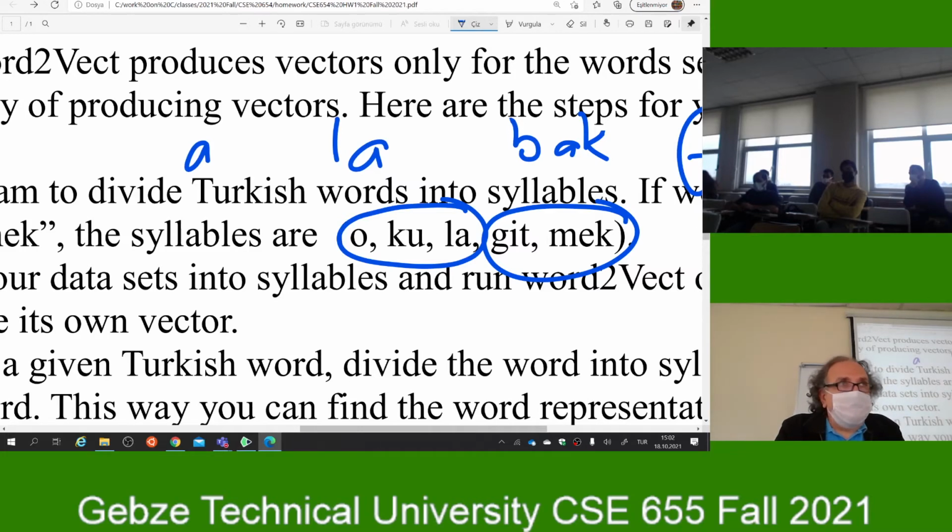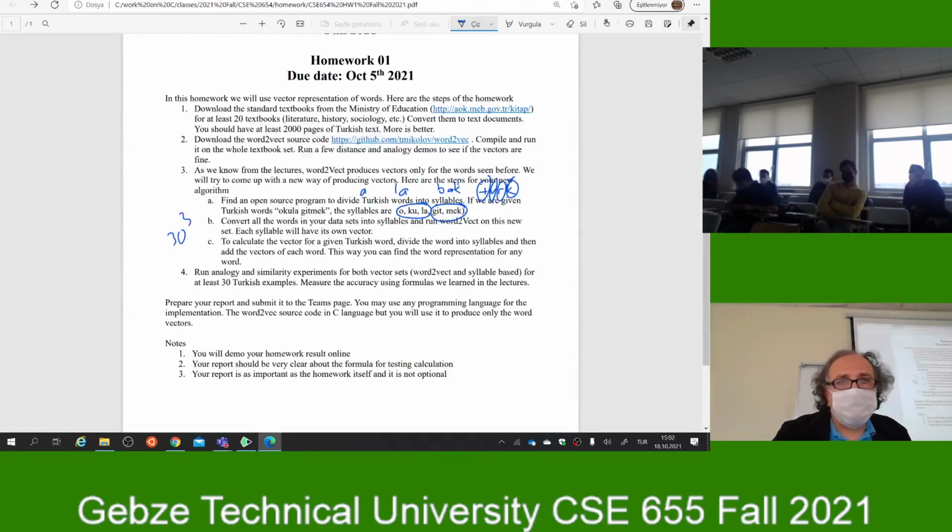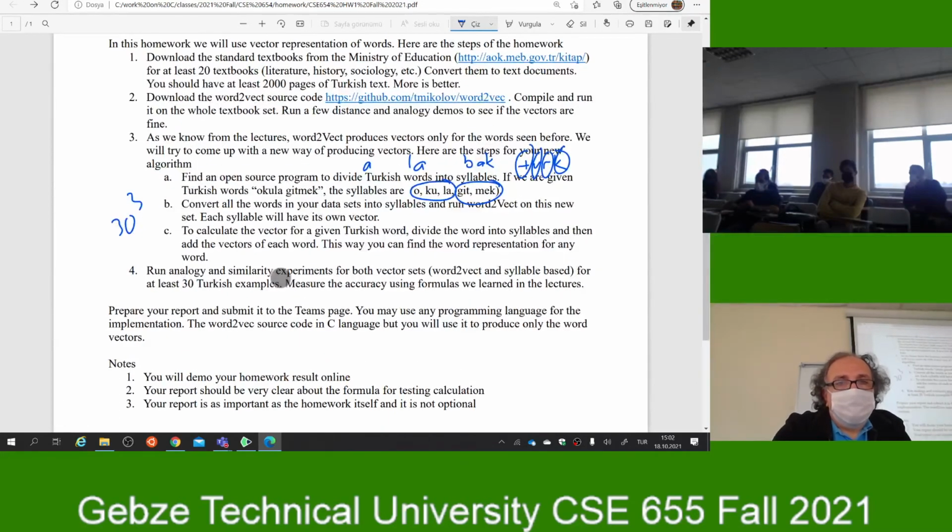I don't know how this is going to work, okay? If it works good or bad, then your job is to compare the word2vec results. You already ran the word2vec results with the original words, right? So what are you going to do? Run analogy and similarity experiments for both vector sets for at least 30 Turkish examples, for the analogy and for the similarity too.